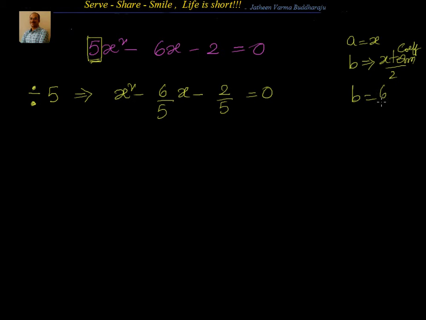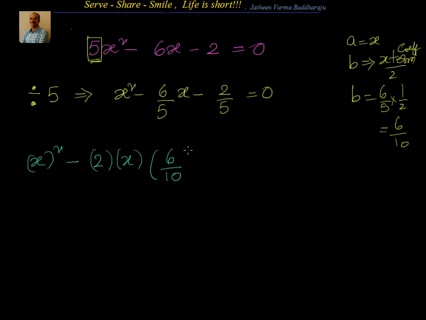So b is equal to 6 by 5 into 1 by 2, that is equal to 6 by 10. So we'll write the next step as x whole square minus 2 into x into 6 by 10 is equal to 2 by 5.